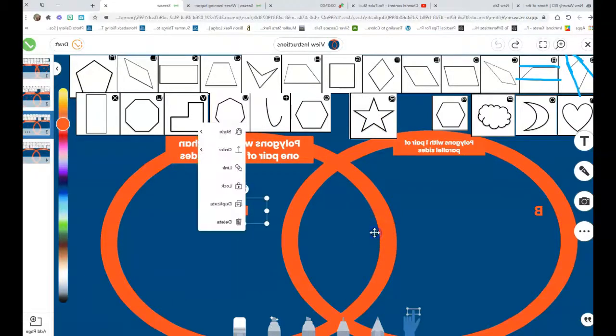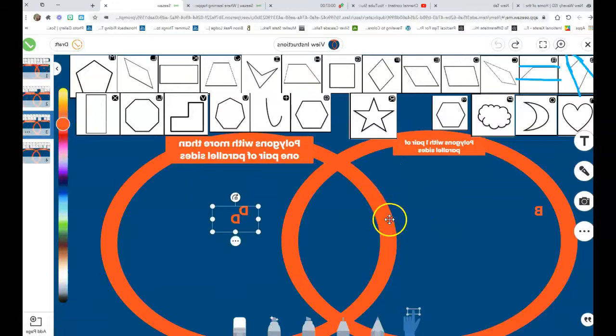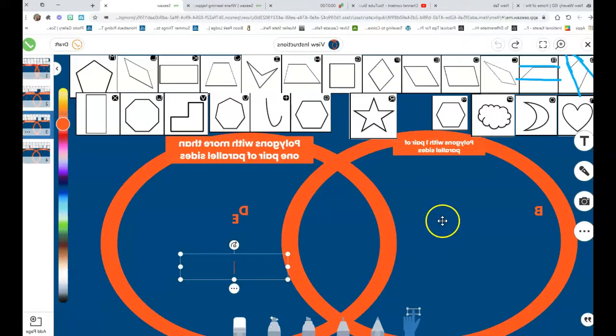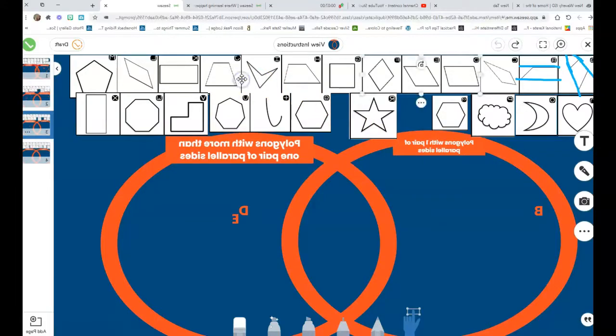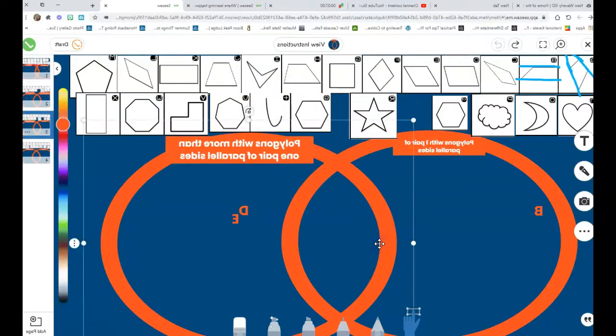Do y'all agree? Good, Kaylee. F? Do we see any parallel? It's right here. More. Good. G? That's a square, so that's a parallelogram. Good. It'd be on the more than one pair of parallel sides.